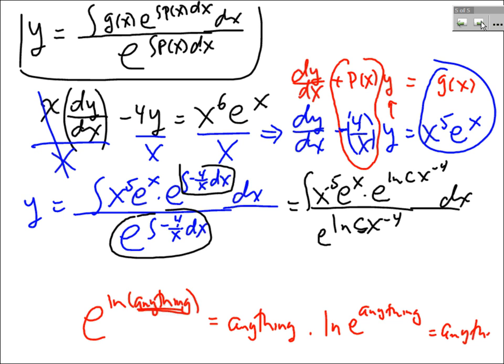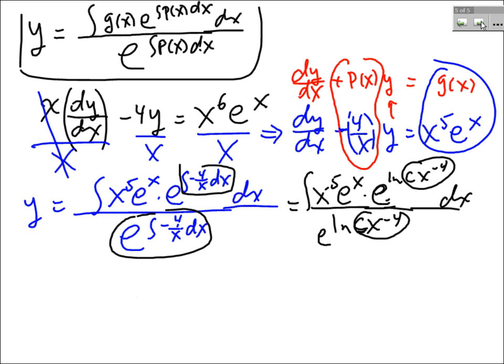So now, in our case, we have e to the ln of that. What I just circled twice now, that's the anything. You have to know that rule, especially for these type of problems.